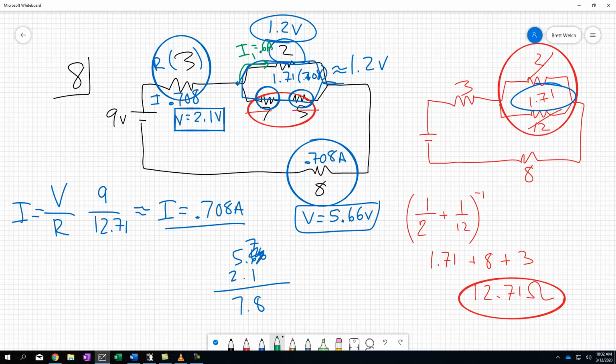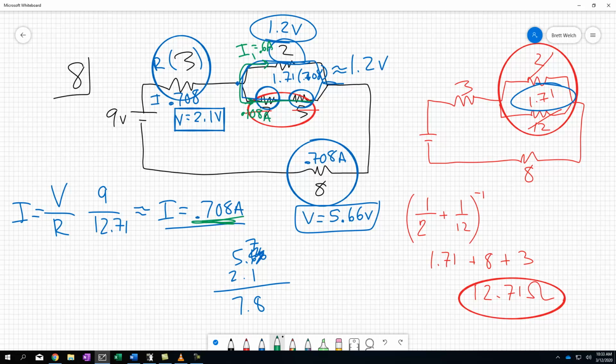Okay, 0.6 amps is going that way. I have 0.708 amps, which means that 0.108 amps goes through the 2 resistors down here.